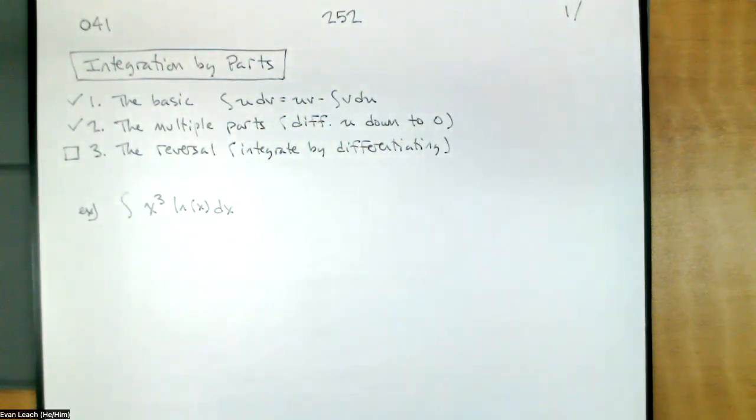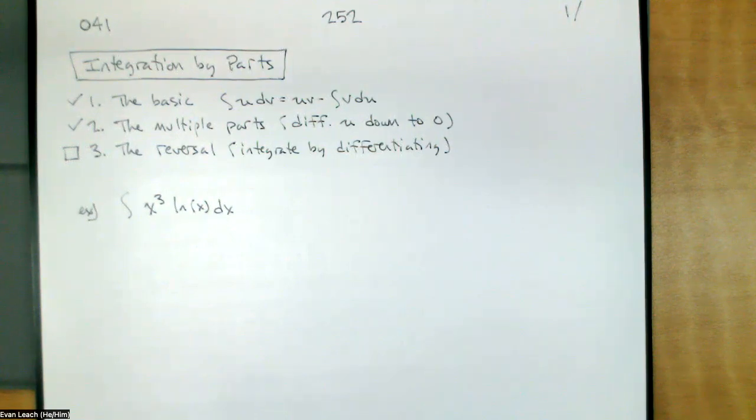A classic example, and usually the first example where we integrate by differentiating. So if we look at the integral of x cubed natural log of x dx, one of the parts is a polynomial with this x cubed, and the other part is natural log of x dx.